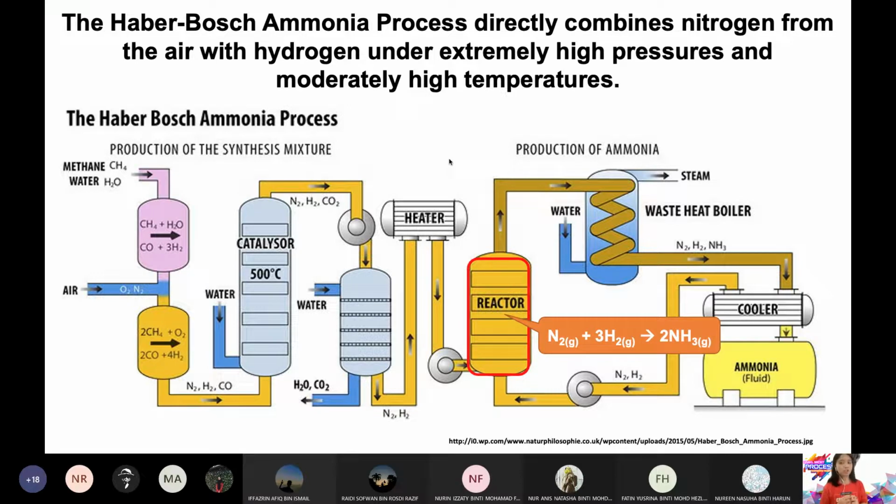Okay, tapi challenge dia, at room temperature, N2 will not react with H2. Ammonia dihasilkan daripada nitrogen gas, hydrogen gas. In a normal room temperature, kamu pergi tambah nitrogen gas dengan hydrogen gas, you will never get ammonia. But they found out that if I mix nitrogen gas, hydrogen gas, I increase temperature, I increase pressure.